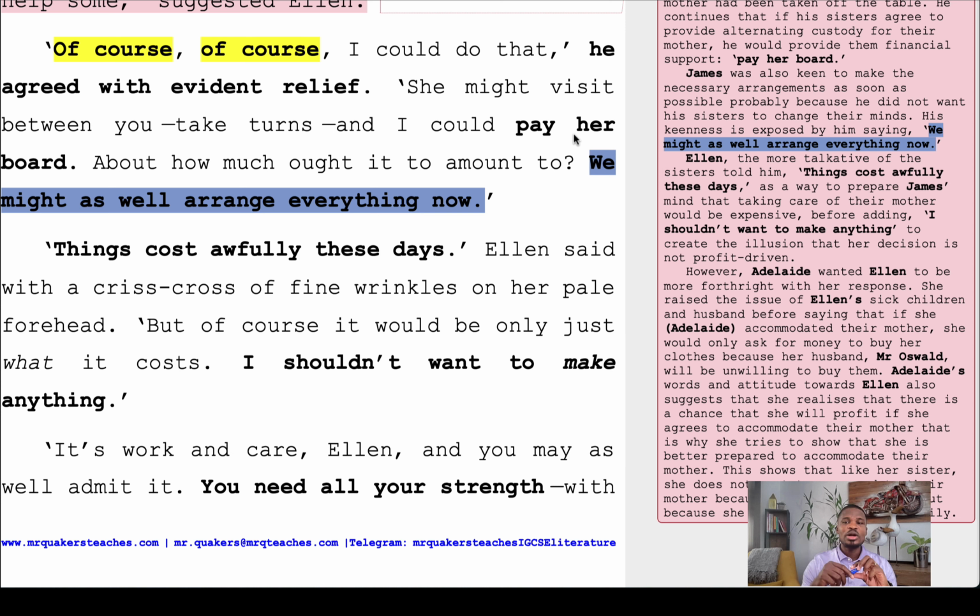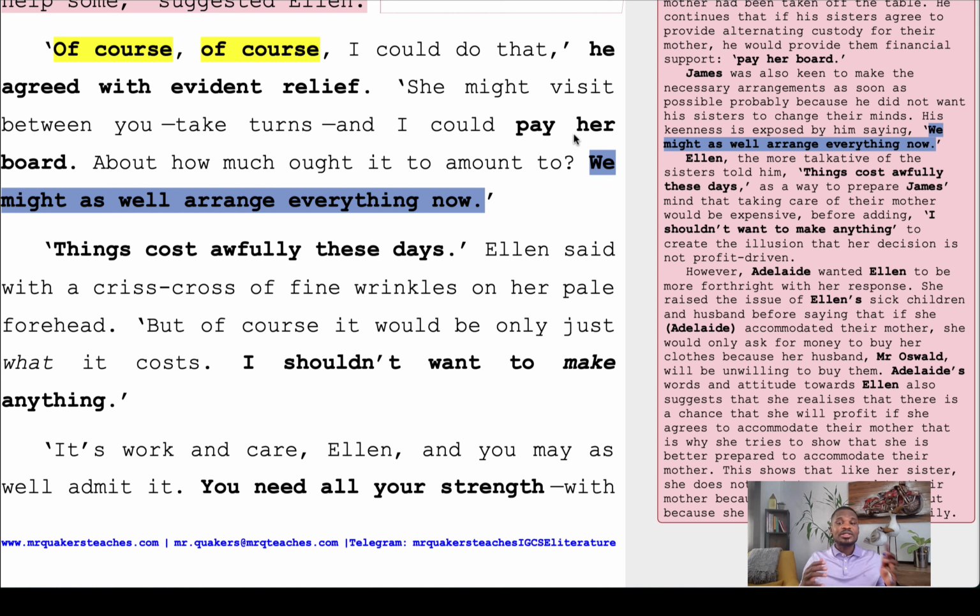However, Adelaide wanted Helen to be more forthright with her response. She raised the issue of Helen's sick children and husband before saying that if she, Adelaide, accommodated their mother, she would only ask for money to buy clothes for her mother, because her husband, Mr. Oswald, would be unwilling to buy them. Adelaide's words and attitude towards Helen also suggest that she realizes that there's a chance that she will profit if she agrees to accommodate their mother.